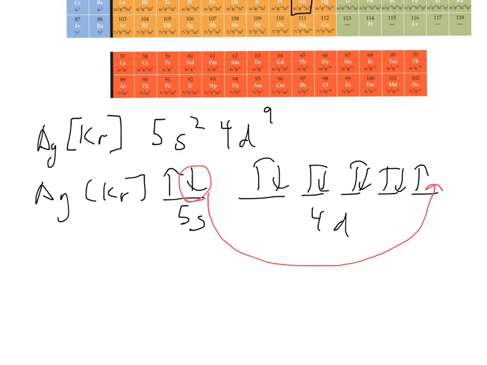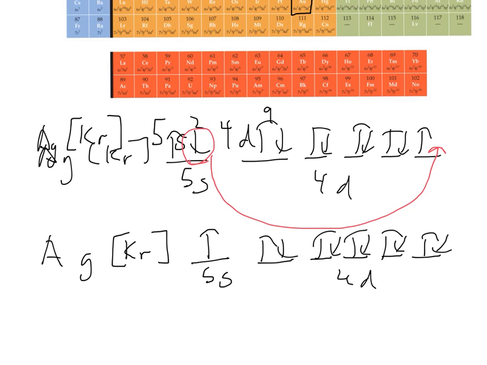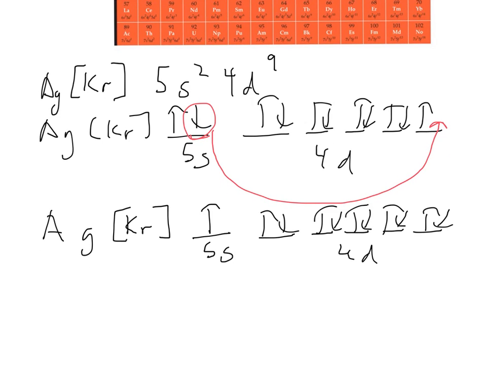So silver winds up with an electron configuration of krypton 5s1 4d10.